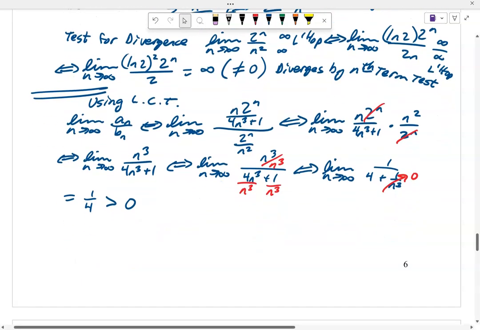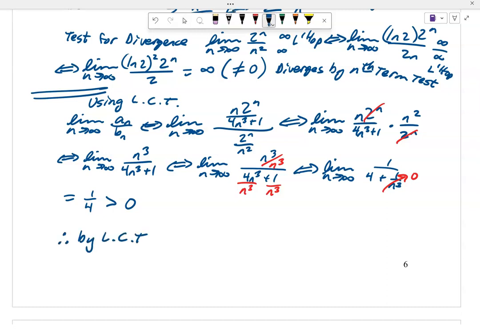So I say, oh, the original diverges, or I'm sorry, the one we compared it to diverges, therefore the original, by the limit comparison test, this n 2 to the n over 4n cubed plus 1 also diverges.